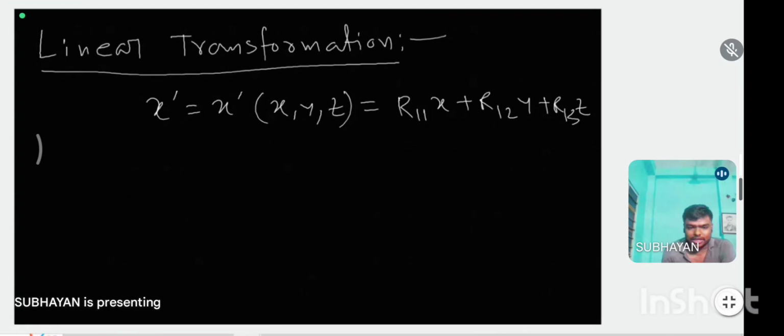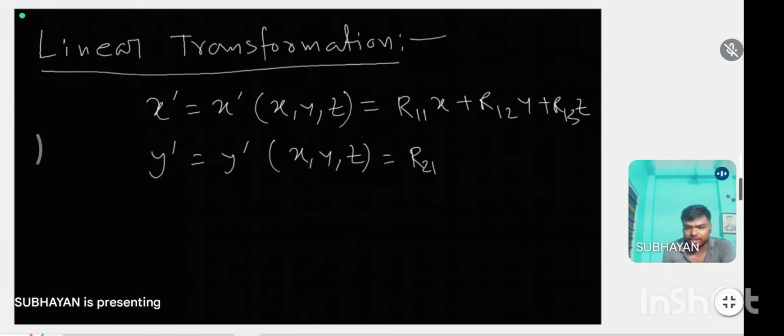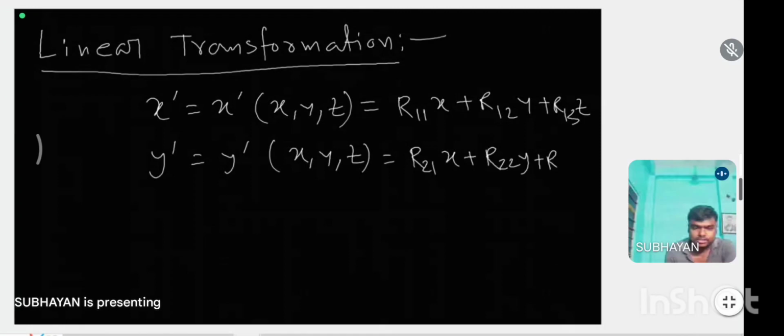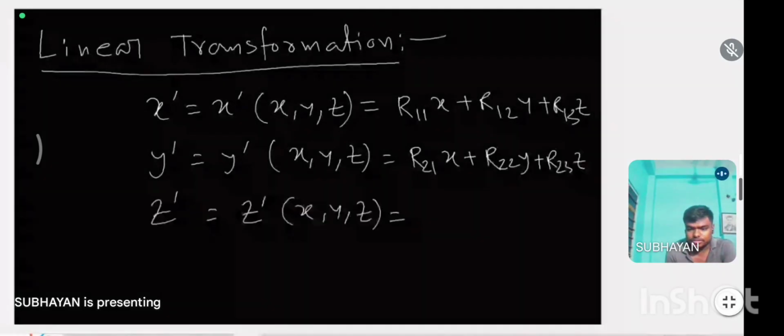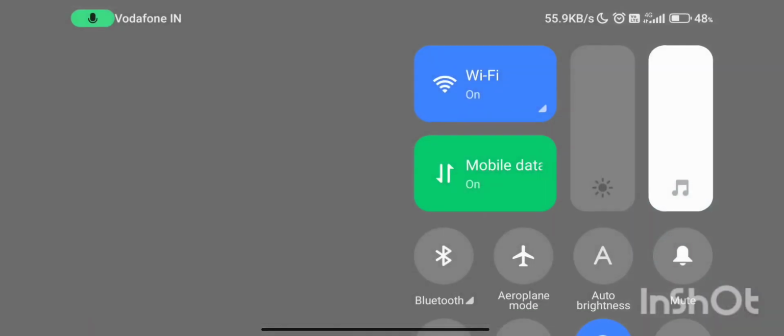Similarly, y prime will be a function of x, y, z: r21 x plus r22 y plus r23 z. Similarly, z prime also equals r31 x plus r32 y plus r33 z.